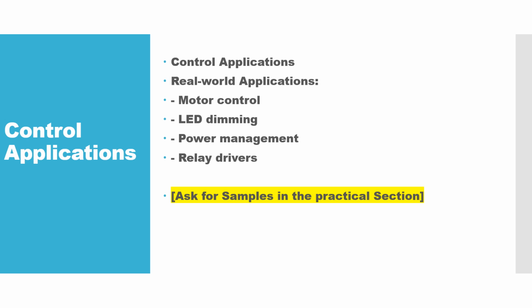Many of our microcontrollers cannot use more than 5 to 12 volts, maybe 3 to 12 volts, most, let me say that. In real world applications, we control motors. Many of your robots still work using motors, light displays, LEDs, power management, relay drives, stepper motor movement, all those things.